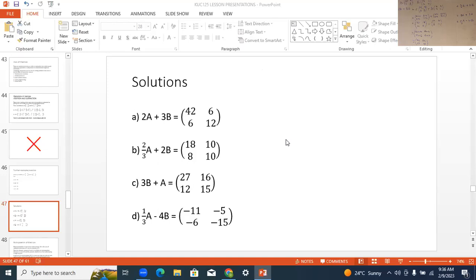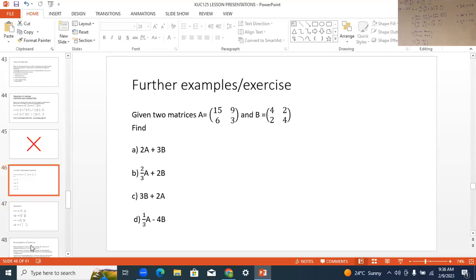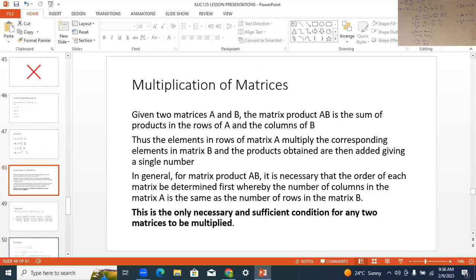So let us look at the next operation, and the next operation is that of multiplication. Now, when it comes to matrix multiplication, this means that we are multiplying two matrices.